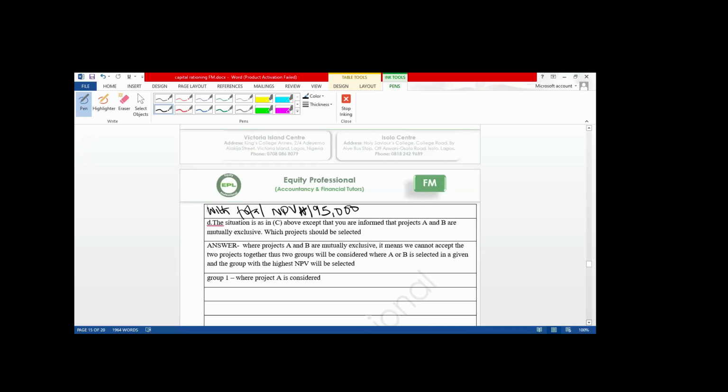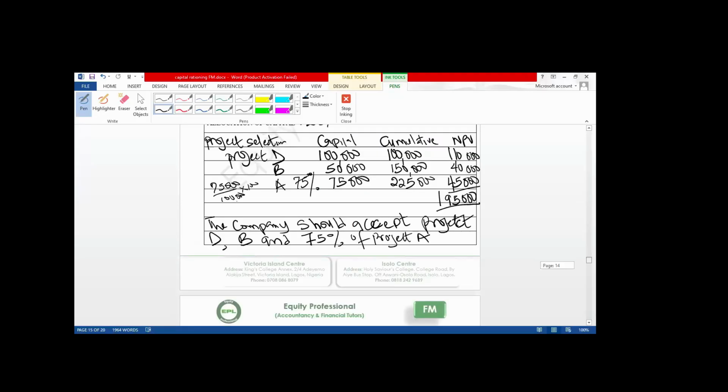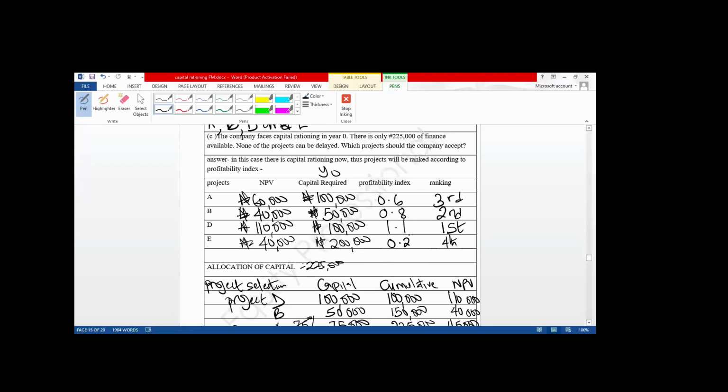In this case, we cannot consider project B. You now go back to your ranking, ranking based on profitability index. We start with project D. We select project D.